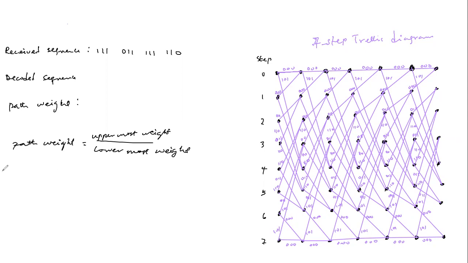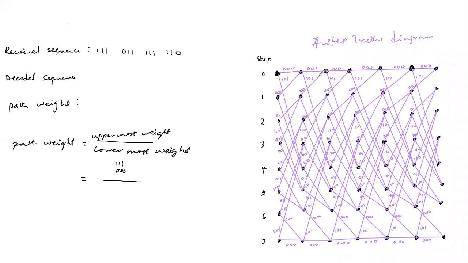And then for us to do this, let's assume taking the 1 1 1 for instance. So we are moving from here. For us to move this way, we have two options: either we go upward or we go downward. Now the path weight will be the same as comparing 1 1 1 with 0 0 0.